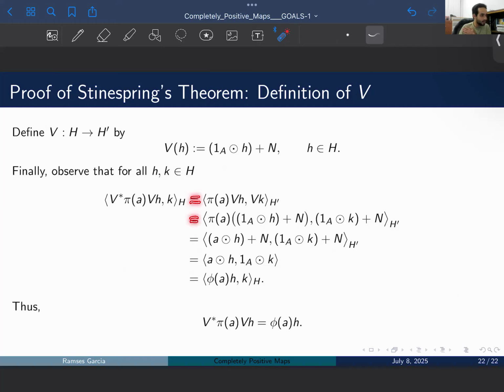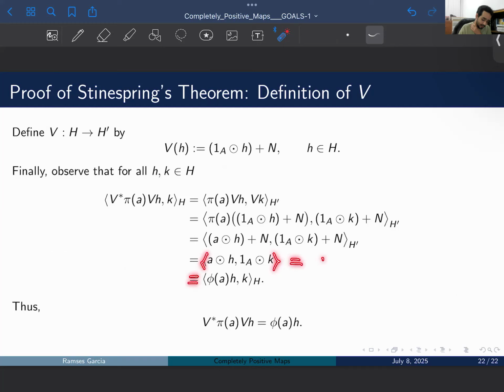And in the following equation, I'm using the definition of V. Again, I'm now using the definition of P. P is just multiplying the element on the first entry. And we now use the definition of this inner product. And the last step is the definition of this form.